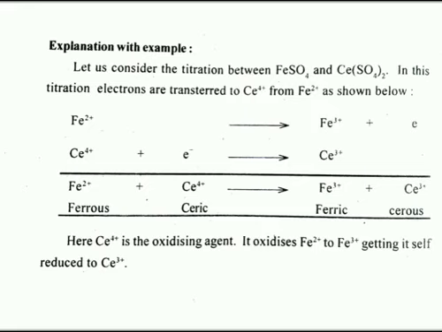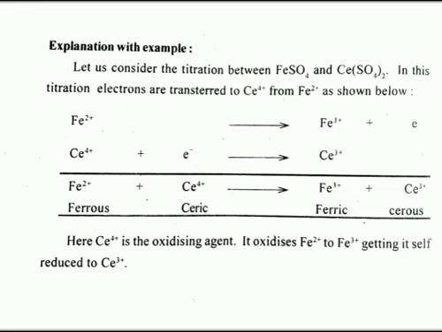Fe2+, that is the ferrous ion, gets oxidized and releases one electron, and the ceric ion, Ce4+, accepts the electron given by the ferrous ion and becomes Ce3+. Therefore, Fe2+ undergoes oxidation and the ceric ion undergoes reduction.